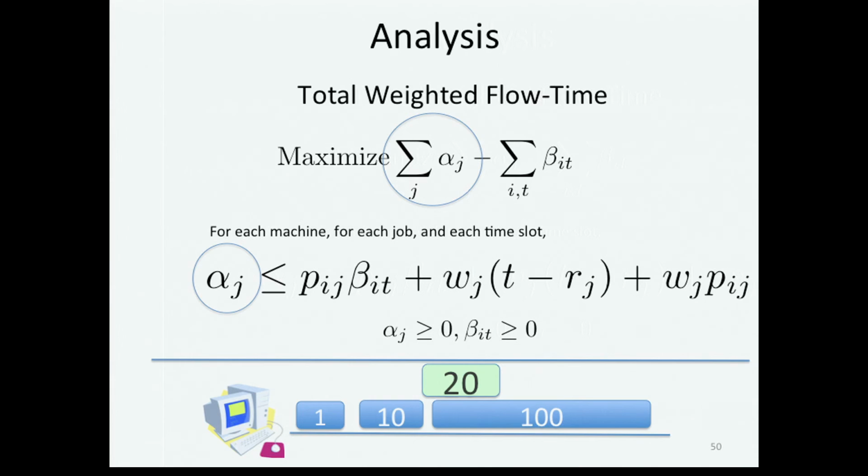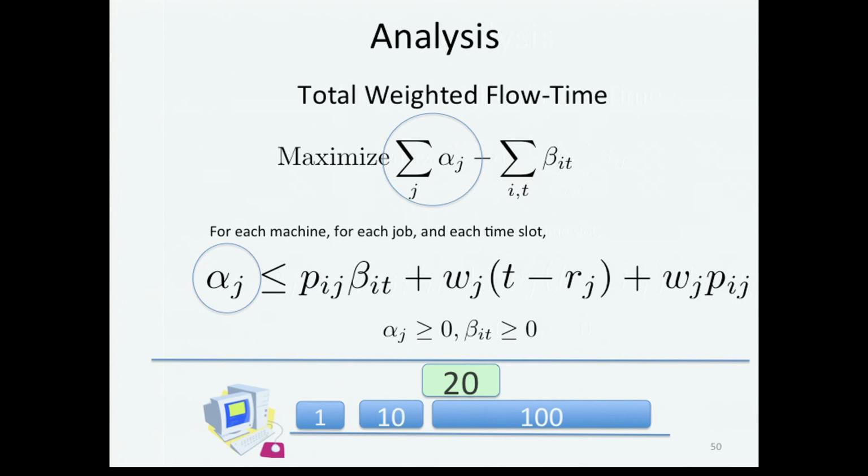Okay, and if you think about the proof of Chadha, Garg and Kumar, or Anand, Garg and Kumar in the SODA paper, they set alpha j to be the increase in the dual objective when a job arrived, and that is quite natural because this quantity p j times beta it is basically the number of jobs times my processing length on machine i.